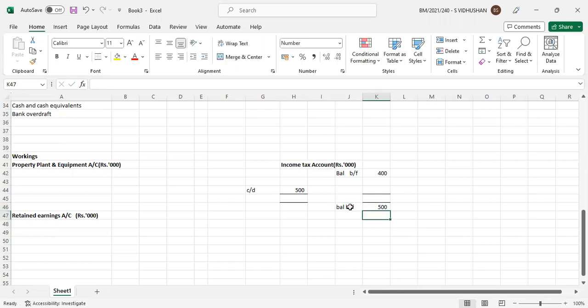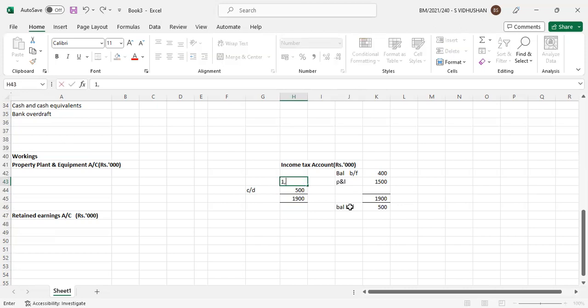And we know the income tax for the year is 1,500. Now if you balance this account, you will get 1,900. Then once you deduct 500 from 1,900, you will get 1,400.